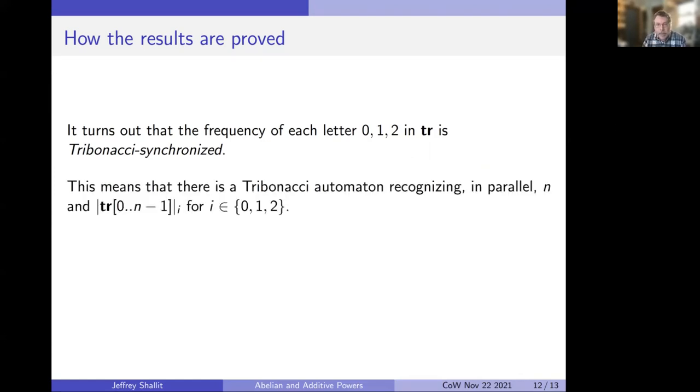What I mean by that is there's a Tribonacci automaton that recognizes in parallel both n and the number of occurrences of each letter in the prefix of length n in the Tribonacci word. So, for example, there's an automaton that takes n, the number of zeros in the prefix of length n, the number of ones, the number of twos, all in parallel, expressed in Tribonacci representation, and accepts.